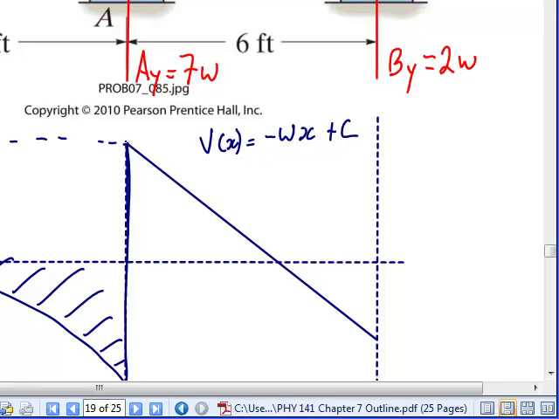So when X equals 6, this is going to have to be 4W. So what's the constant? It's going to be 10W.